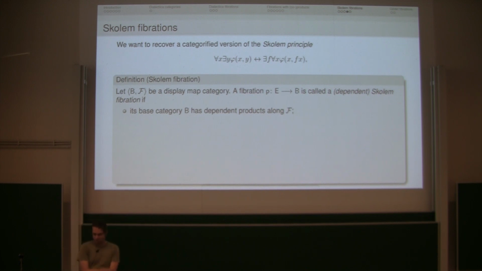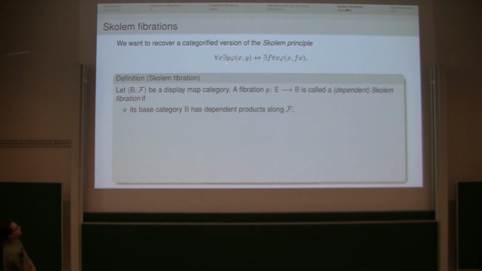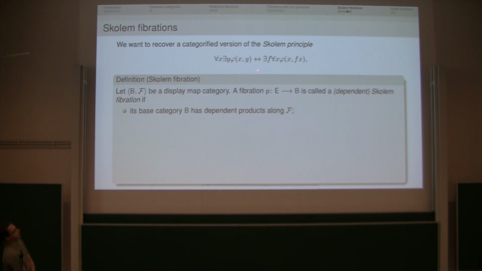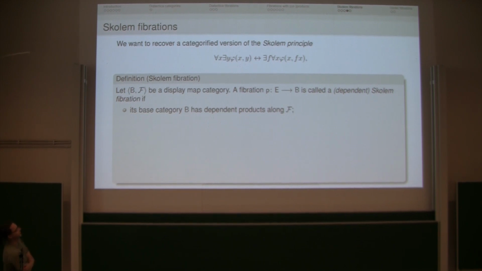So the first important notion is that of a Skolem fibration. Skolemization means making effective a witness. So if we have a formula for all x exists y such that pi of x y holds, we want to be able to make this effective by introducing a higher order function that keeps track of this y.